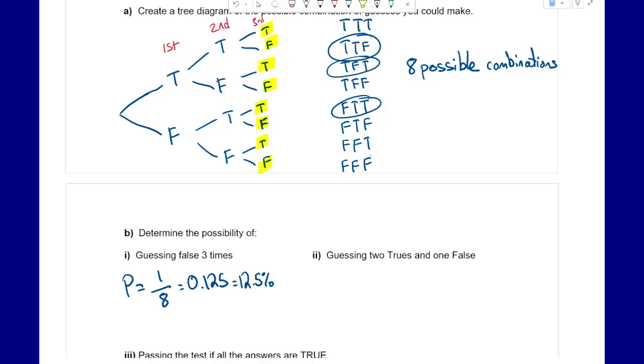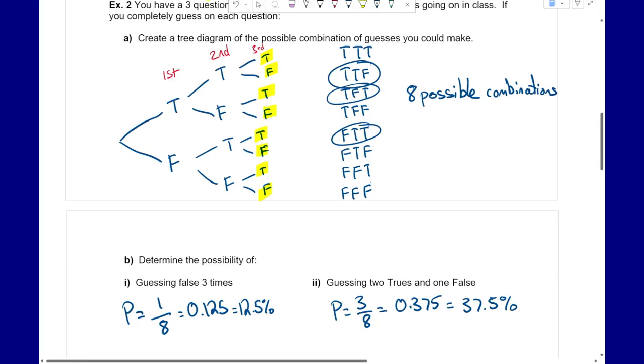So 2 trues and 1 false, we see that there are 3 out of 8 options. That doesn't reduce any further, but that works out to 0.375 or 37.5%. So there's a 37.5% chance of you guessing 2 trues and 1 false.